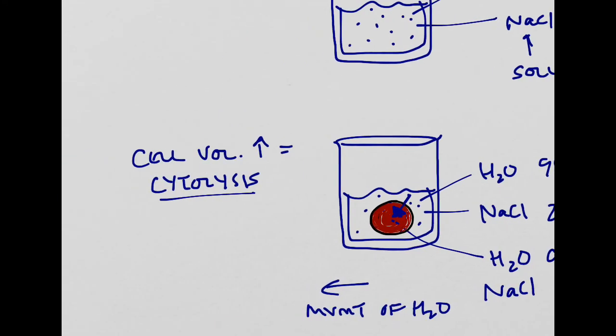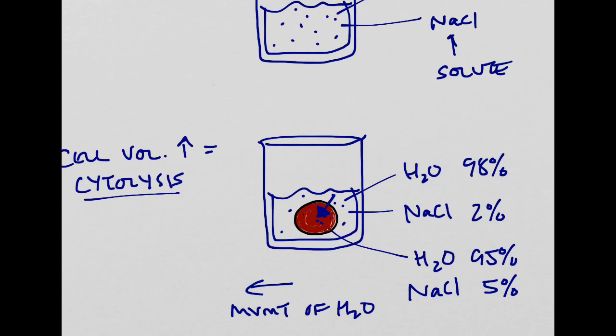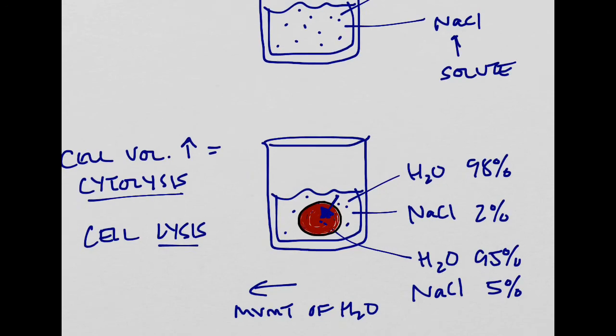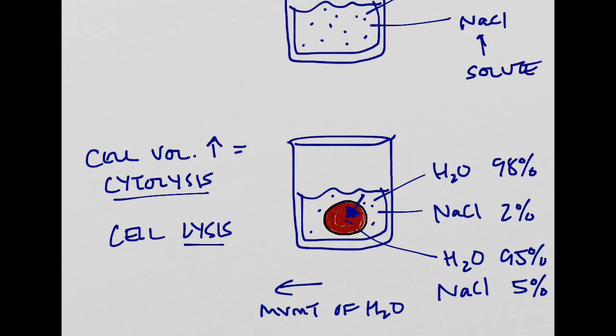If that's the case, then the reverse. Let's say it's 100% water and no sodium chloride. As a result of that, the water is going to continuously flow into the cell until the cell actually ruptures, leading to what's called cell lysis. Okay, cell breaking. So extreme cytolysis can lead to lysis.